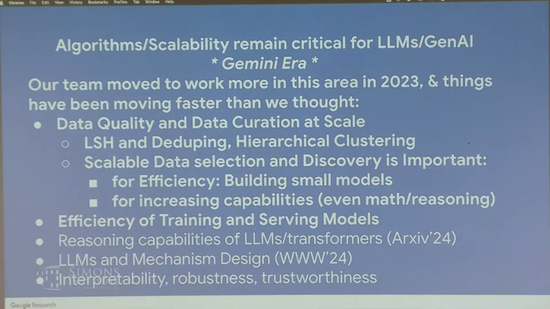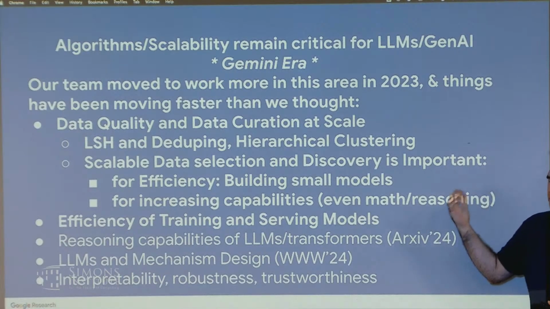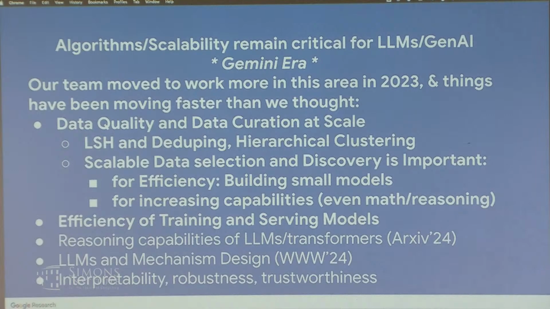This is actually a dense slide, but I don't have good slides to elaborate on it, so listen carefully. The other thing is the different types of capabilities that these LLMs should have, for example, in math and reasoning. I remember talking to some folks working in this area at Google 1.5 or 2 years ago, and the question was how to add reasoning, or how good these LLMs are at reasoning.